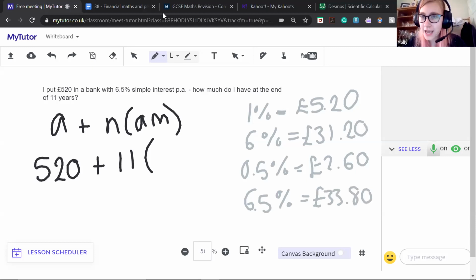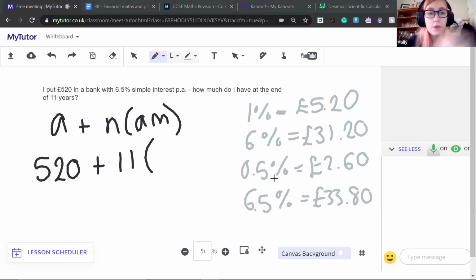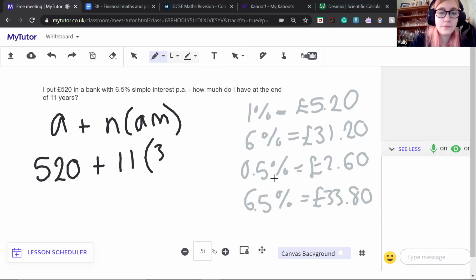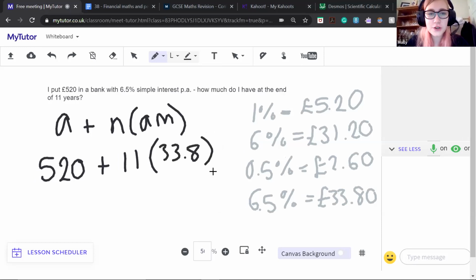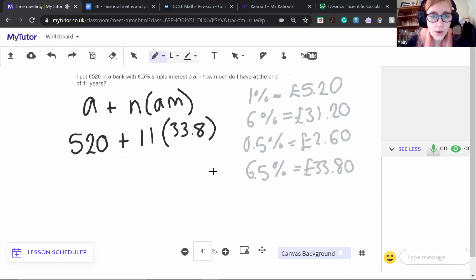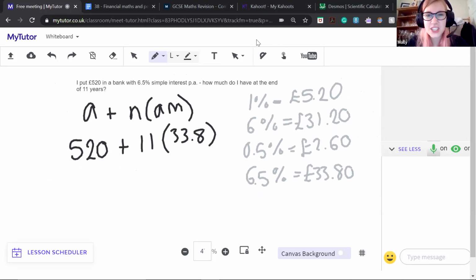Hopefully that makes sense as to how I did that one non-calculator. Don't worry if it doesn't, but I can always re-explain it. So that's the number that goes in here. Now this is a difficult one to do non-calculator. So I will just do this one on the calculator just to save some time.